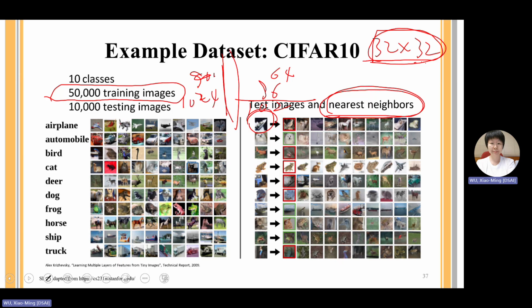So for each image, we can flatten it and represent it as a 1,024-dimensional feature vector. Then we can compute the Euclidean distance between the test image and each training image.